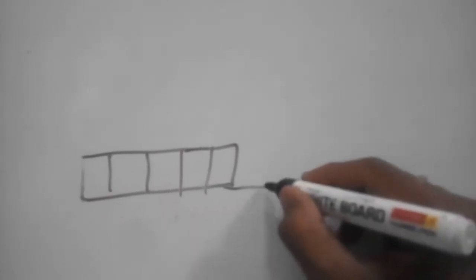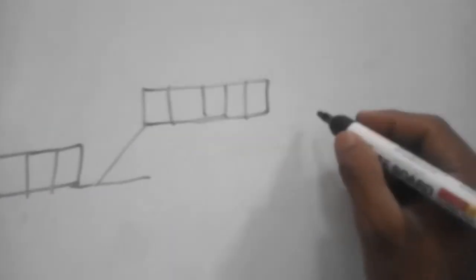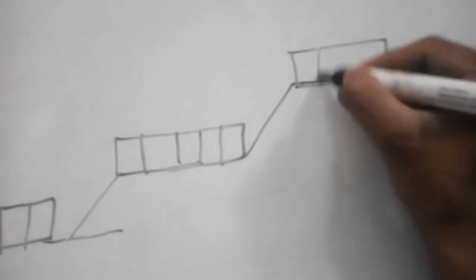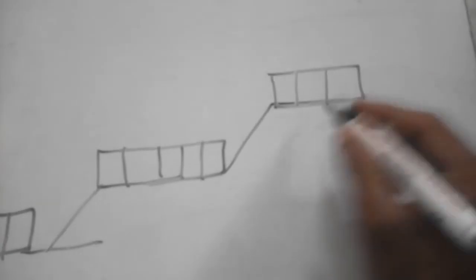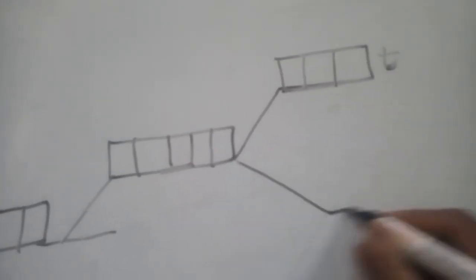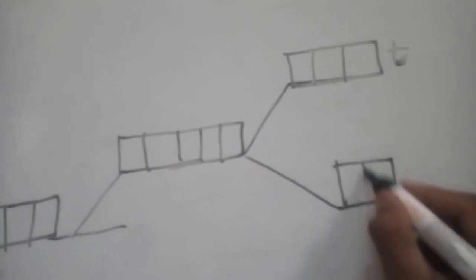Now we'll see the crystal field splitting in tetrahedral complexes. It is the inverse of that in octahedral complexes. These are the degenerate d orbitals. Now in this tetrahedral case, the T2 orbitals will have higher energy as they overlap more with the ligands, and the energy of the E orbitals will decrease.